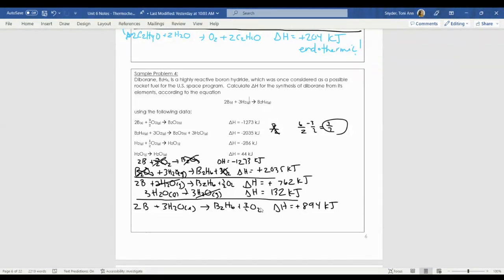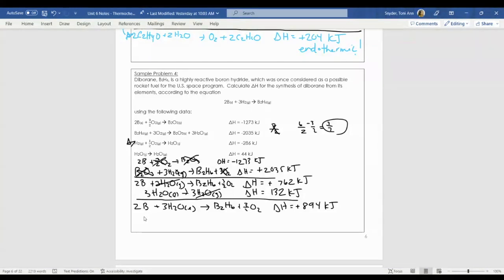I still have a couple of things to get rid of. I have to add a hydrogen in here, and I have a water, and a lot of crazy stuff still happening. Looks like I have to use this equation still. I have to cancel out my O2s, and I have to get rid of this liquid water. I can actually use this reaction as is, but if I have 3 liquid waters in my reactants here, I have to have 3 liquid waters in my products there.